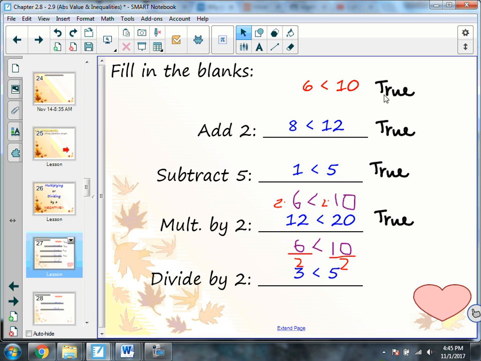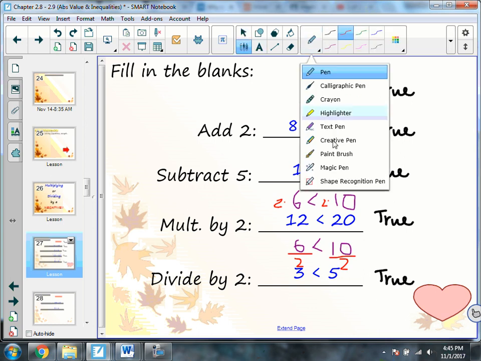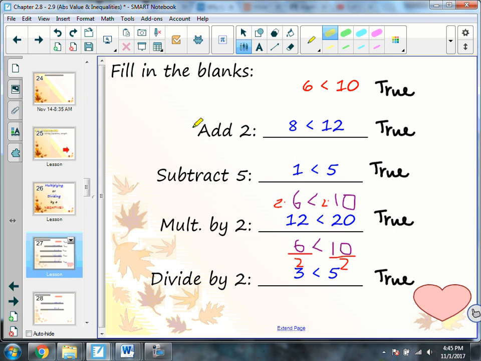Well, 3 is less than 5, so this is true. So what I have shown through doing all of this is that I can add, subtract, multiply, and divide into an inequality, and it doesn't change it from being true.